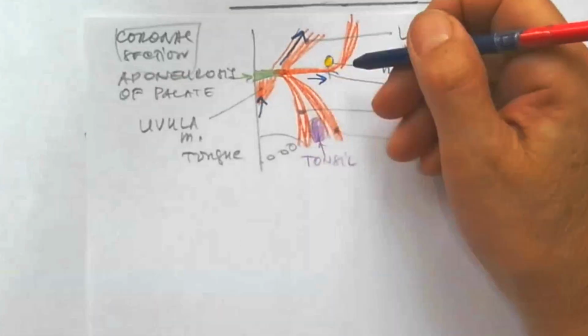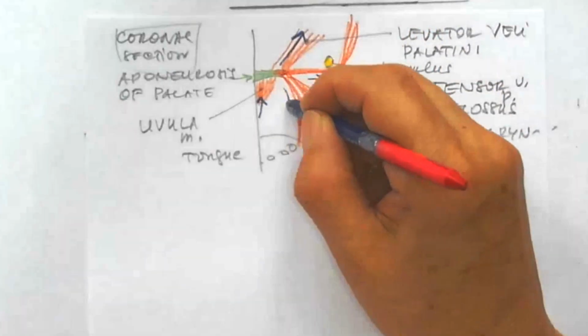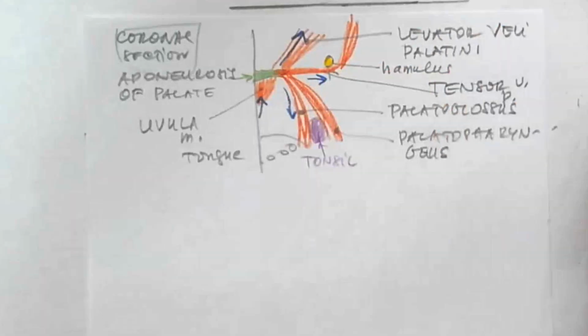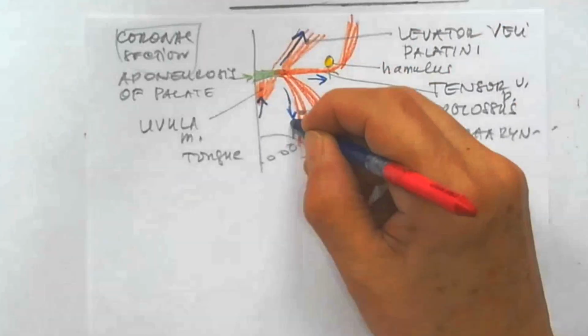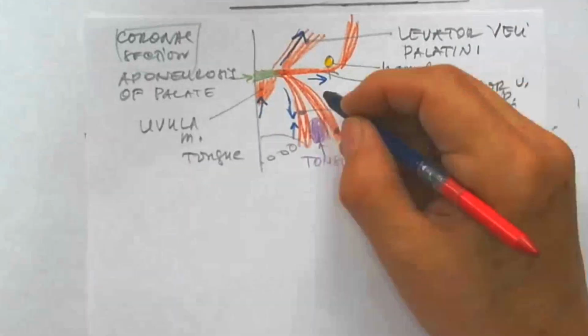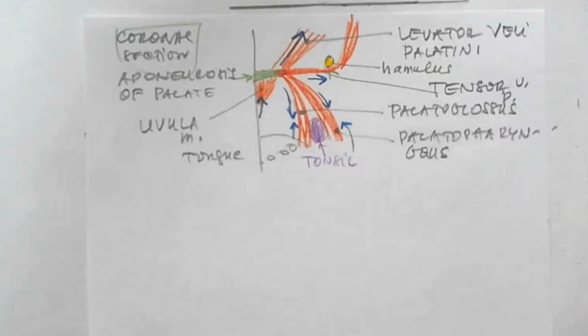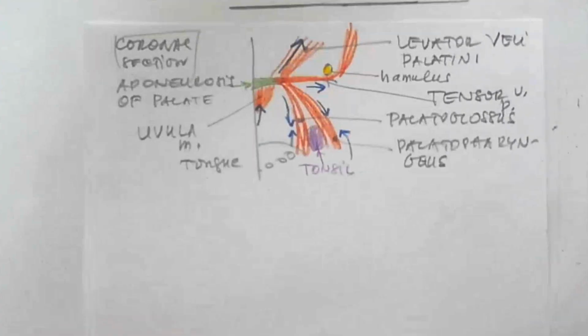So then there are arrows, quite clear. But concerning the palatoglossus, it depresses the soft palate, but also raises the tongue. The same is the palatopharyngeus, because it depresses the soft palate and elevates the pharyngeal wall during swallowing.